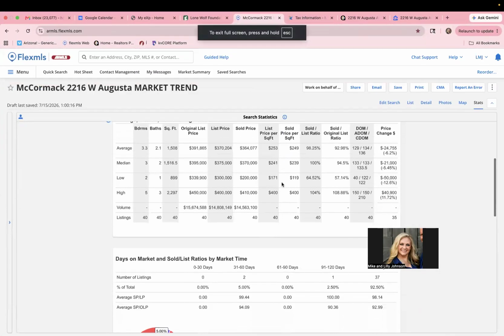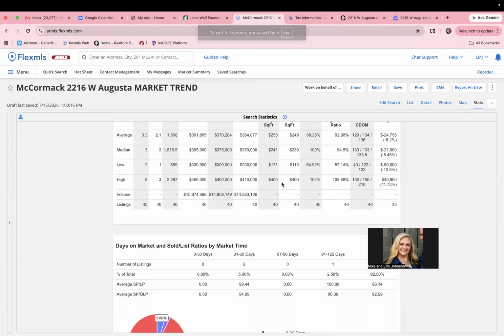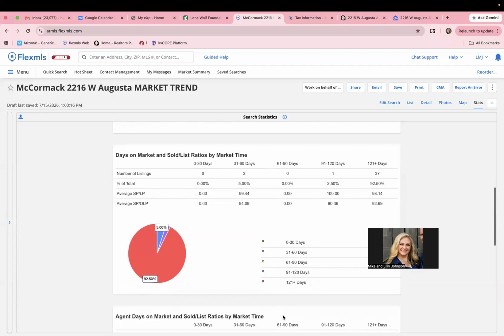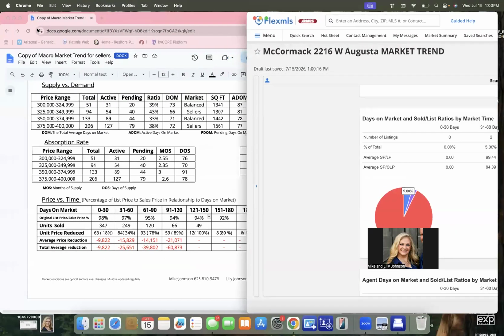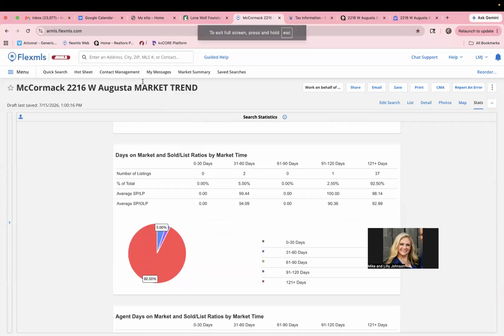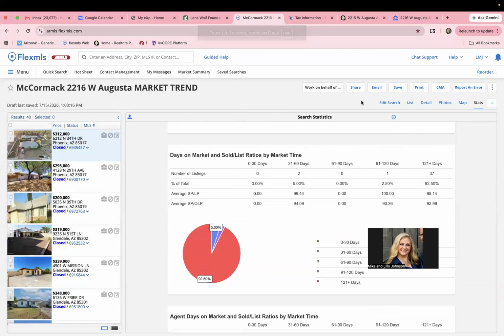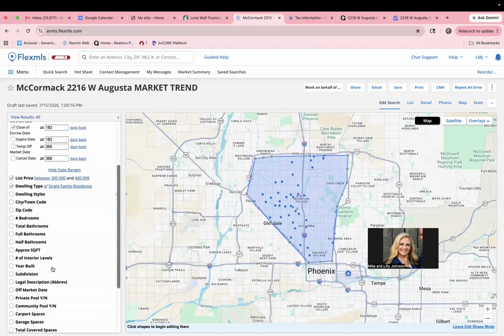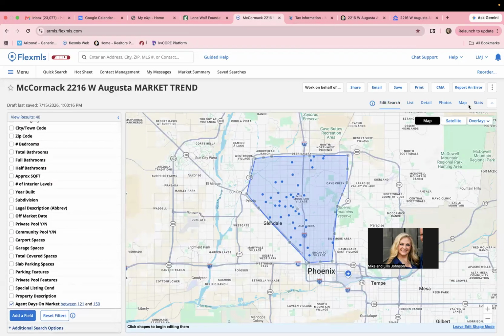Okay, 35 had a price reduction. The average was 24,755. You can see right here. I forgot what I was doing. I think it's 121 to 150.